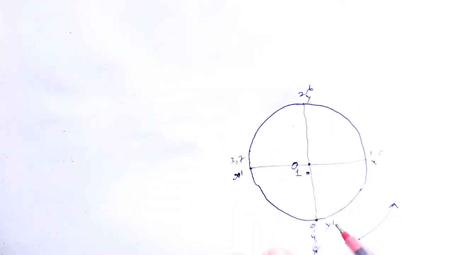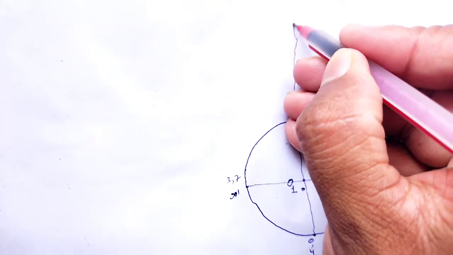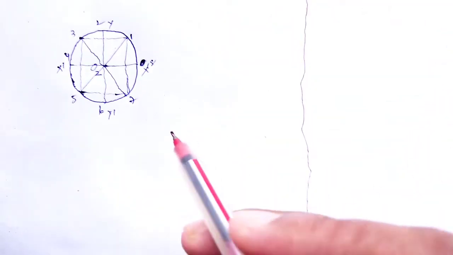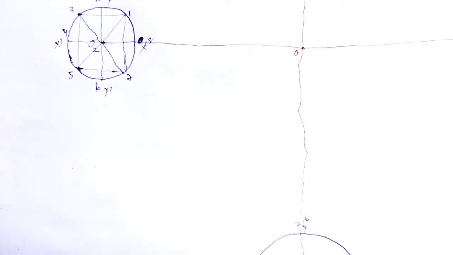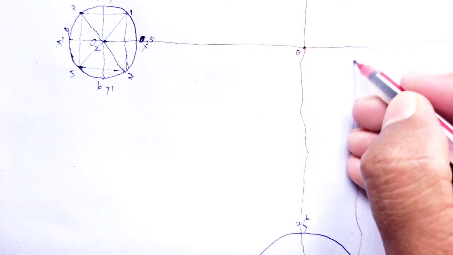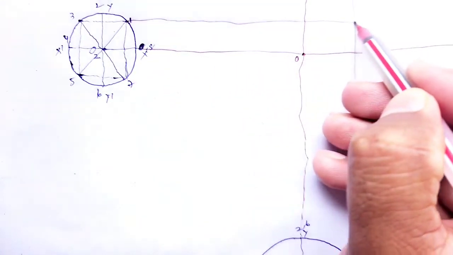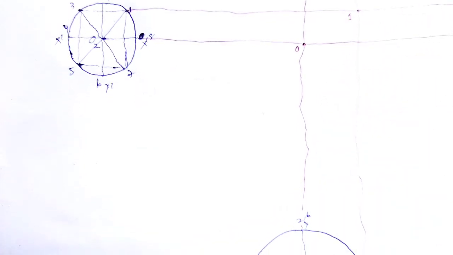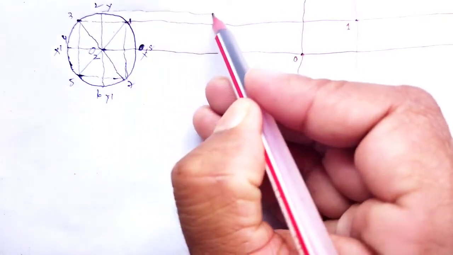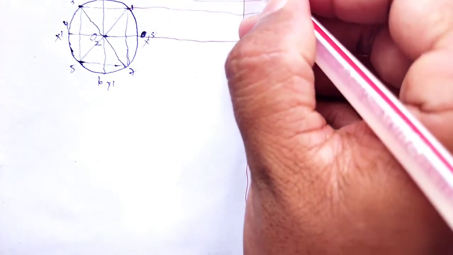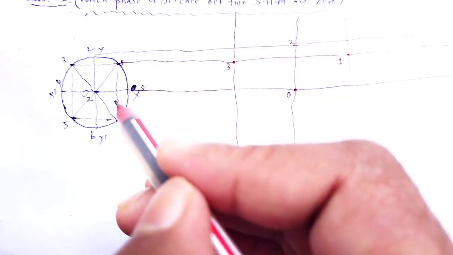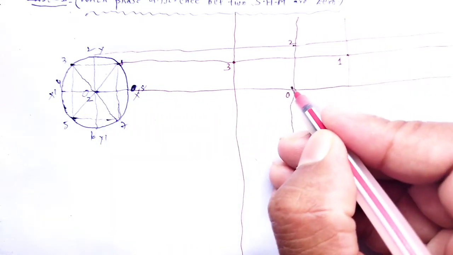First the line for 0, that point for 0, then for 1, then for 2, that line also for 2, then for 3, that line for 3, then for 4, here that line also for 4, and here the 4 line is this, so that is for 4 also.